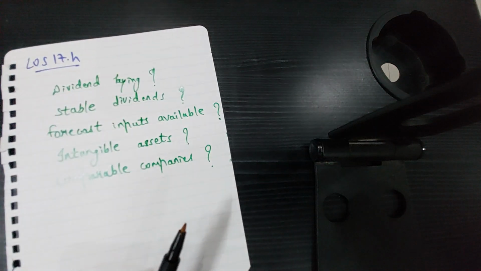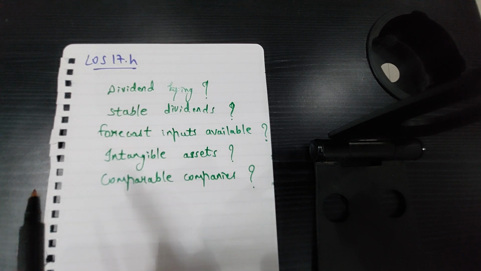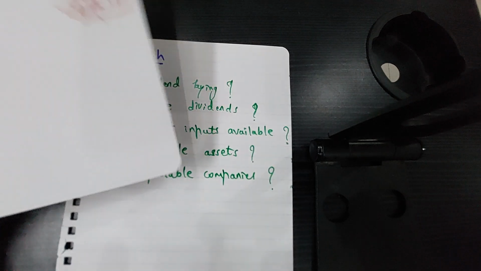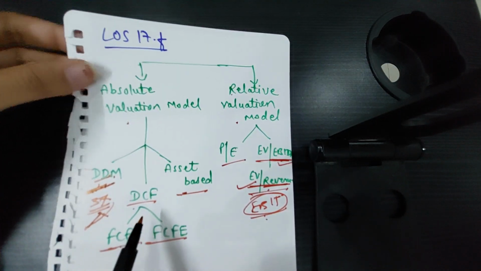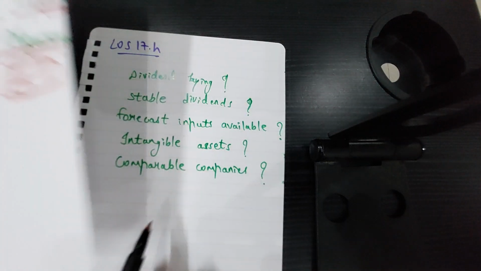Now the last one is LOS 17H, which is to explain broad criteria for choosing an appropriate approach for valuing a given company. The approaches that we talked about before: which model are you going to use, which approach are you going to use to value a company? So it depends.